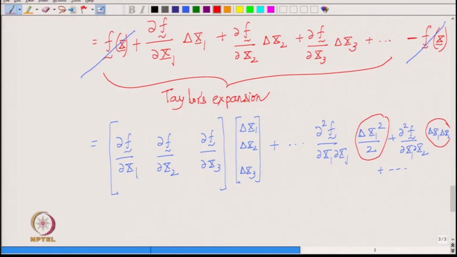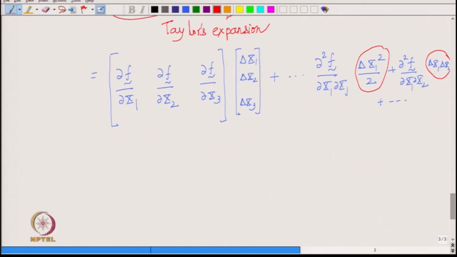So, is not it proportional to, or let us say it is of the order of the square of length of delta x. So, basically what I mean to say is that these numbers, are not they proportional to delta x magnitude square?